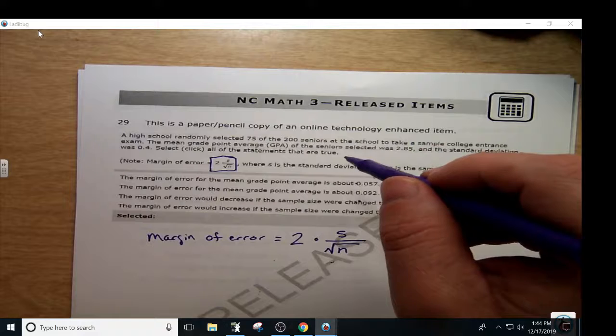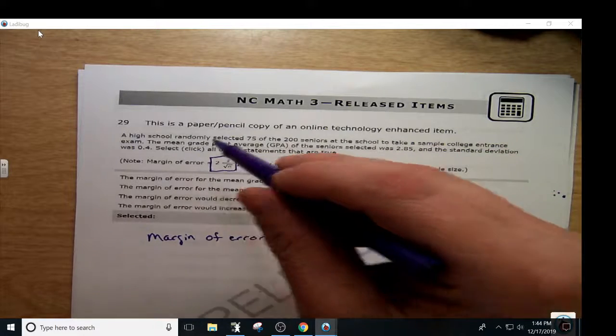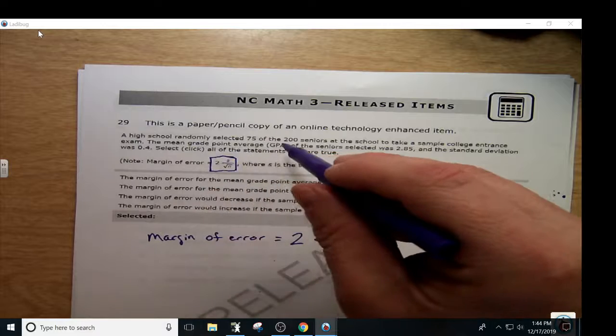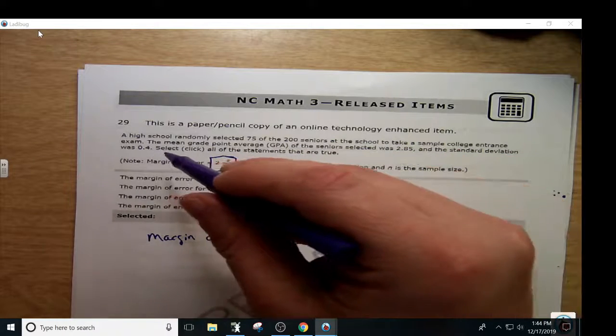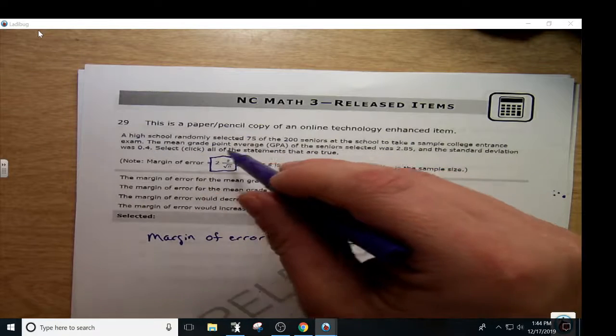Now a high school randomly selects 75 of the 200 seniors of the school to take a sample college entrance exam. The mean grade point average of the seniors selected was 2.85, and the standard deviation was 0.4. Click all the statements that are true.